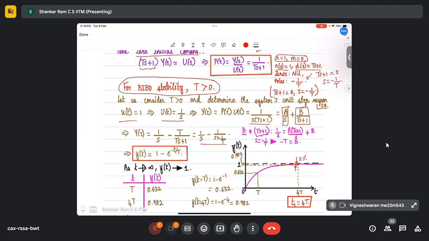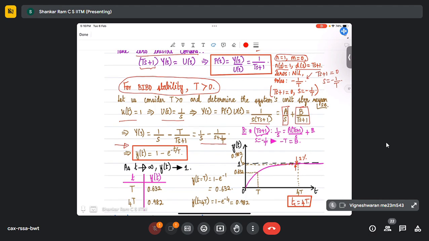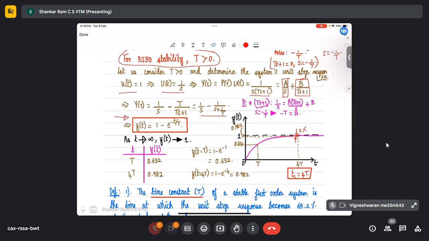Consequently, if we take the inverse Laplace transform, we get the output as 1 minus e power minus t by capital T. This is a very simple expression for the unit step response of a stable first order system. If we plot this on an xy plot, on the x-axis we plot time, and on the y-axis we plot y of t.